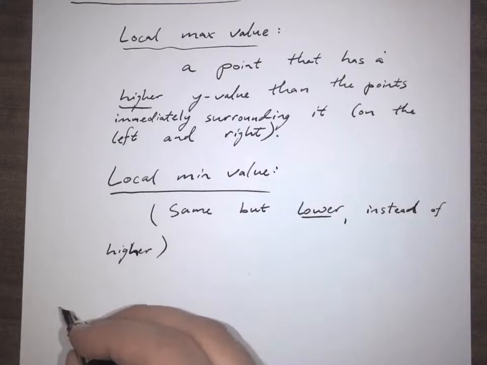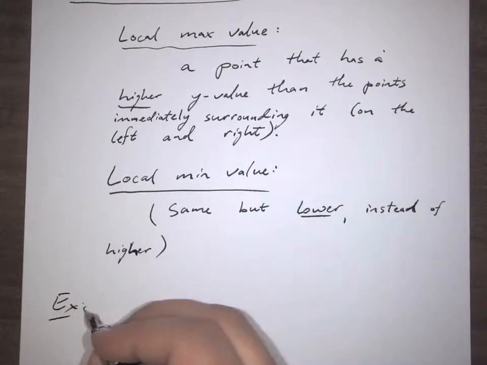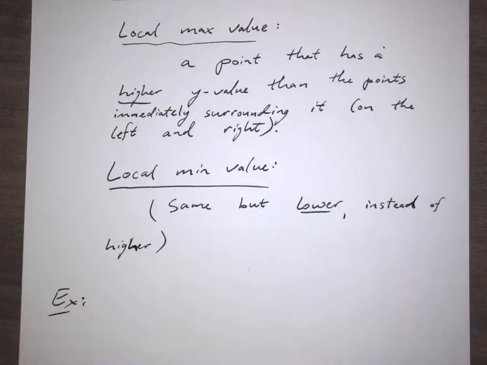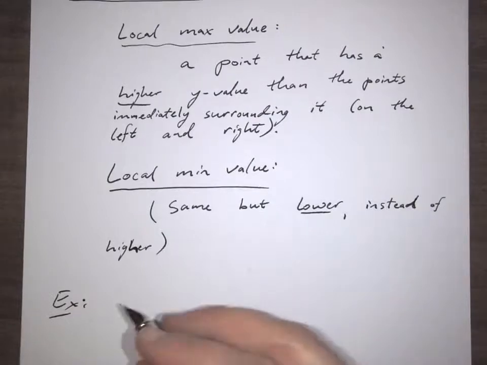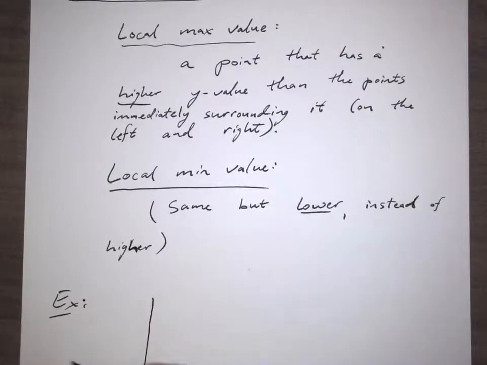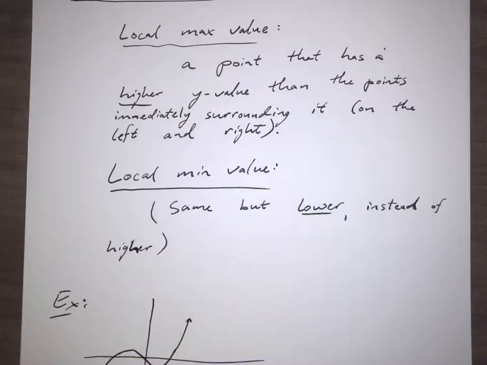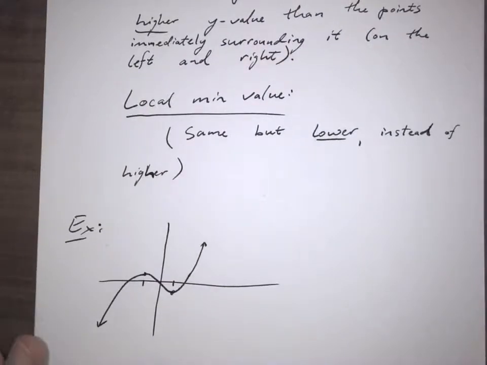Okay, so as an example, if we were looking at a graph, then we could have something like this. Let's say it was going up and down and up and down, and let's say it had arrows going that way. Then there are 2 points right here that are special compared with the points around them.